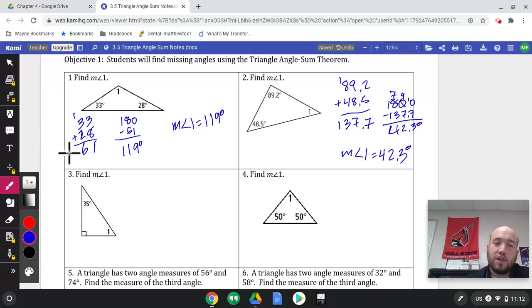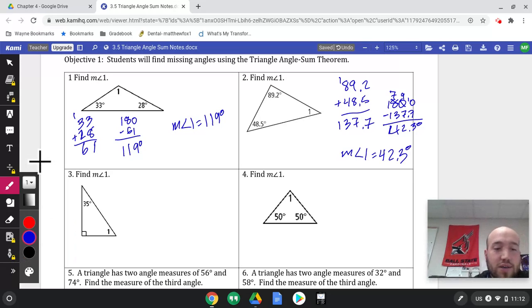Example 3 here. The only difference is one of the angles given to us is just this box. Hopefully you guys remember that box is a right angle, a 90-degree angle. So we add 35 plus 90 just like we did on the last one, and we get 125.